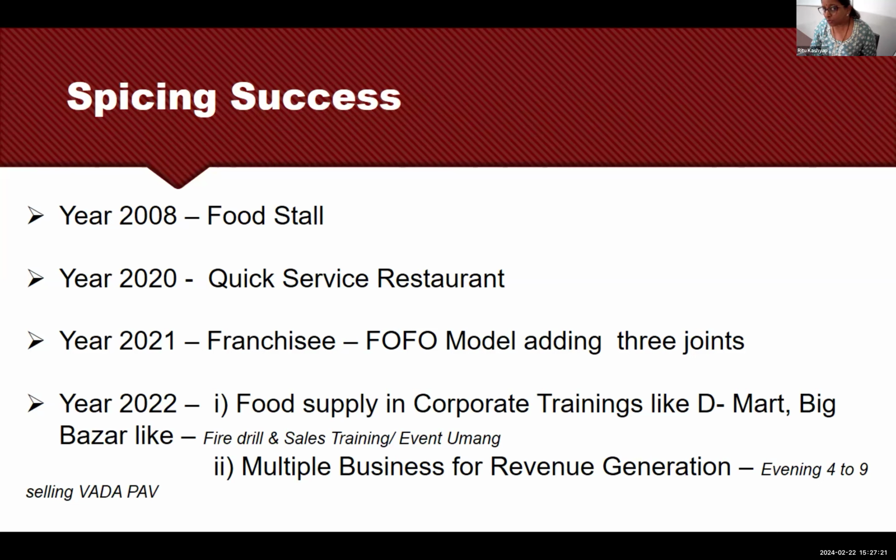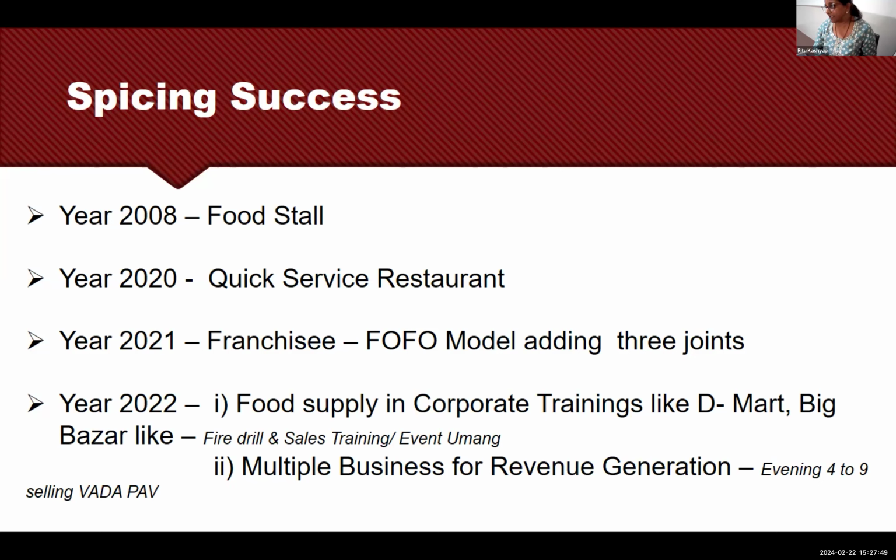And in 2021, he started opening franchisees, which was the FOFO model, and added 3 joints simultaneously in 3 different areas. In 2022, his business was doing well, so he started food supply and corporate training for companies like D-Mart, Big Bazaar, etc., in events like fire drill, sales training, event Umang, and so on.